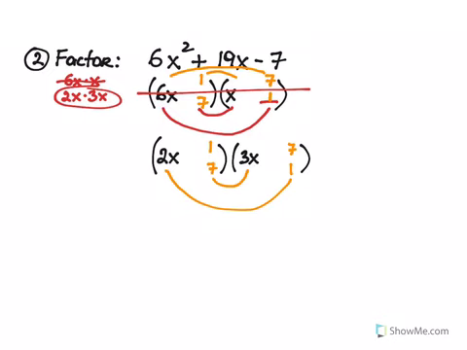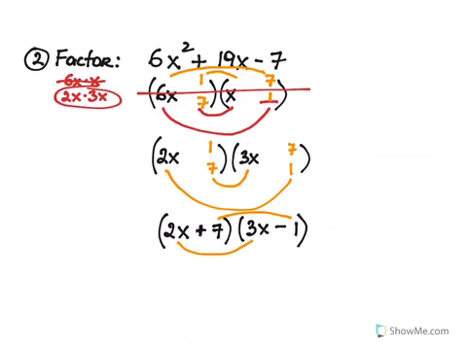Now the matter is to choose which signs belong there. Because I want a positive difference of 19x, I want more positives than negatives. Therefore, I'm going to make 7 positive and 1 negative. Please check your work. 2x times 3x is 6x squared. 7 positive times 1 negative is -7.